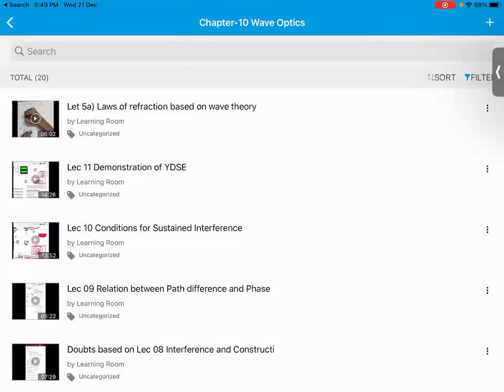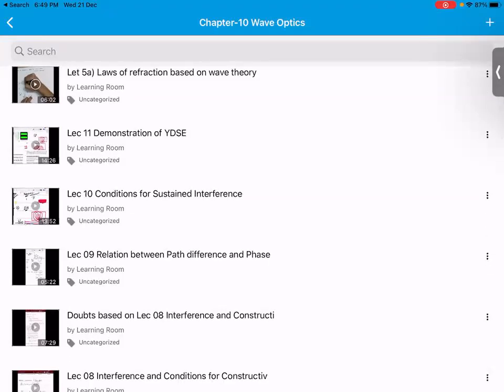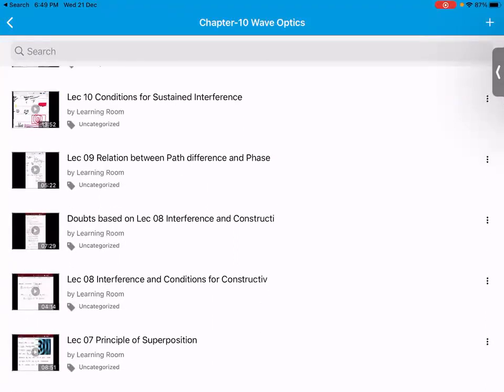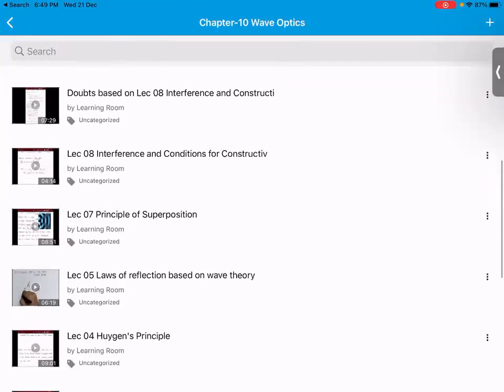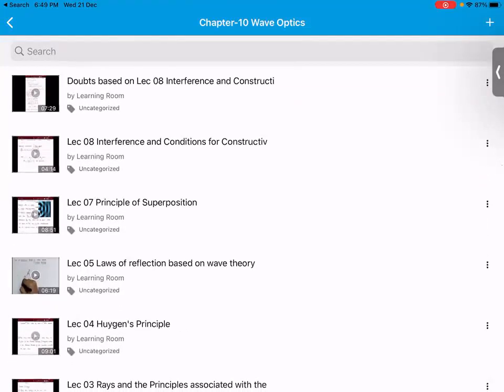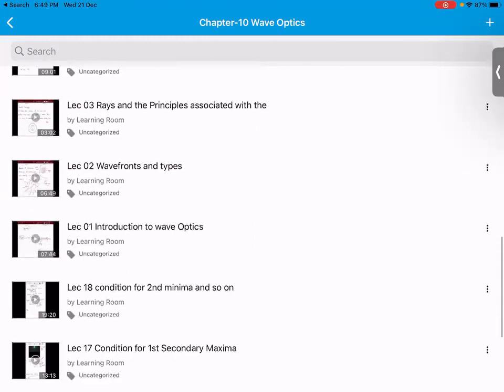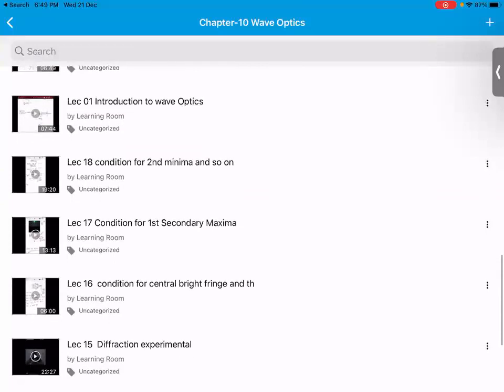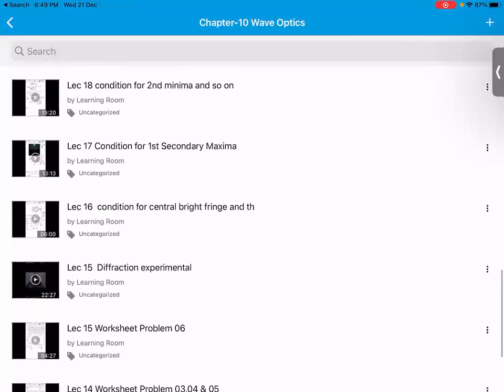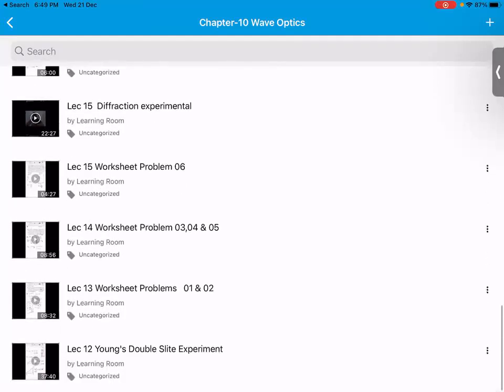The law of refraction based on wave theory is a derivation. Demonstration of YDSE, conditions for sustained interference is a derivation. Relation between path difference and phase difference is a derivation. Interference and conditions for constructive is a derivation. Law of reflection is a derivation. The full diffraction is fully derivation. Young's double slit experiment also has a derivation.